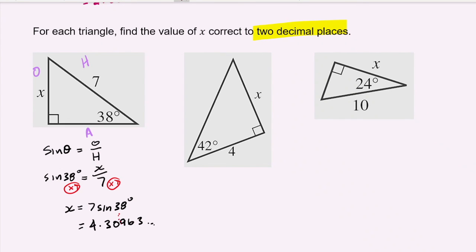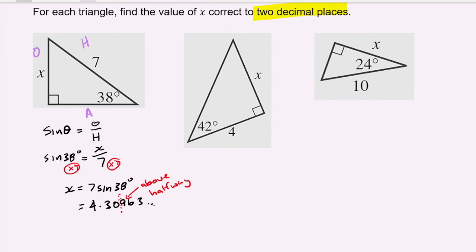So we cut it off. This one is again above halfway. So we are going to have a value of 4.31 units.